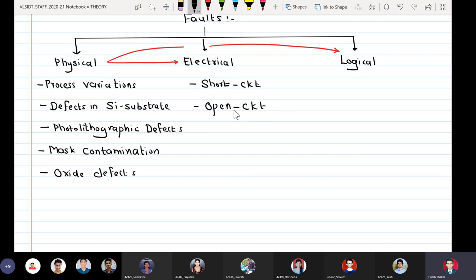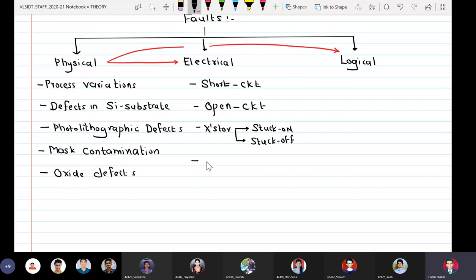Then we have transistor stuck on, and we have transistor stuck off.